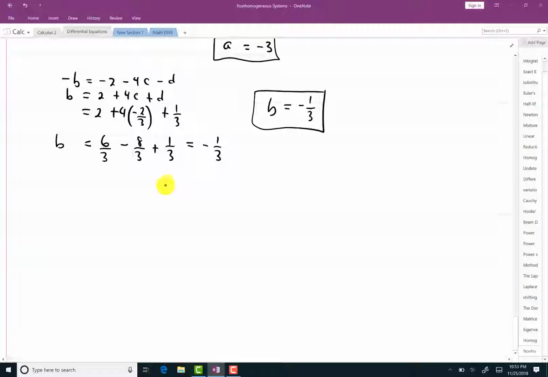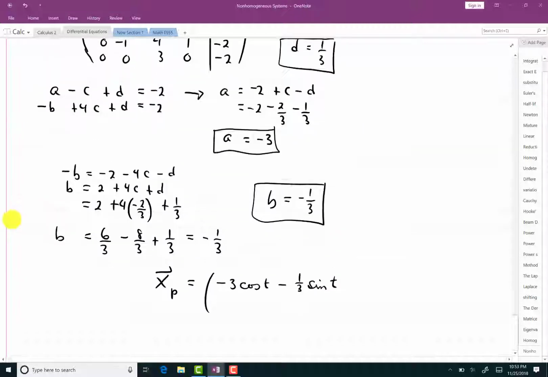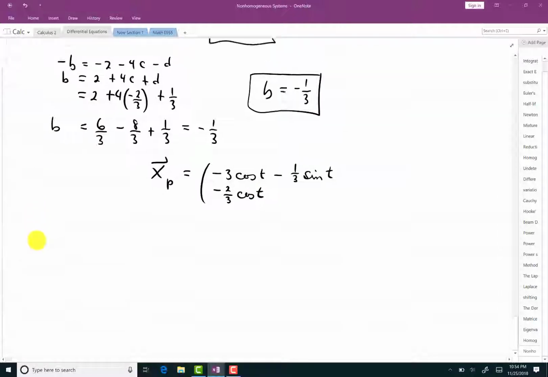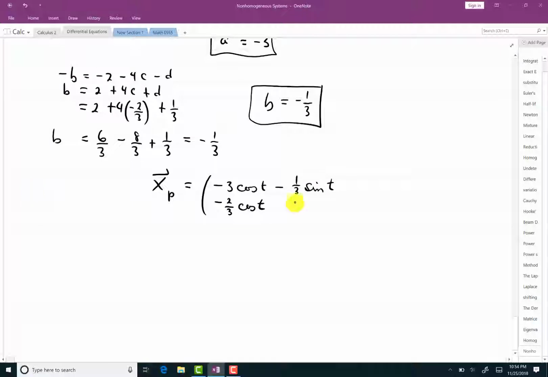And so I have my XP. That was A cosine of t plus B sine of t. Where was my C? C was negative 2/3 minus 2/3 cosine of t. And then my D was 1/3 plus 1/3 sine of t.